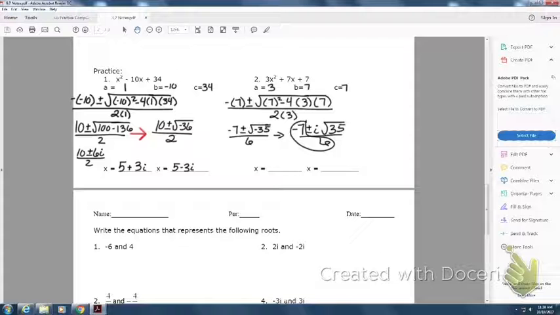No. The previous problem we had 10 divided by 2 and 6 divided by 2. I could do that. I can't do negative 7 divided by 6. So my answer is negative 7 plus i square root of 35 over 6 and negative 7 minus i square root of 35 over 6.